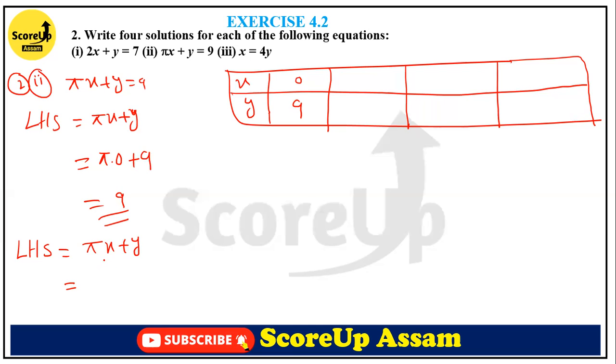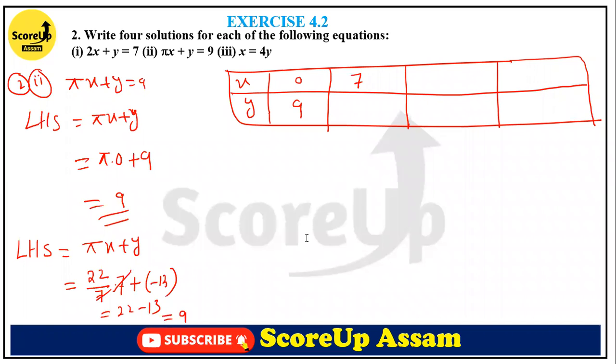Here the value of pi is 22 by 7, right? Okay, 22 by 7. So if we put x as 7 and y as minus 13, 7 and 7 will get cancelled out. So it will be 22 minus 13. It will be 9. So that means we can put the value of x as 7.